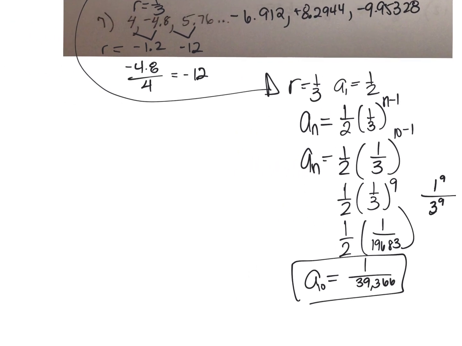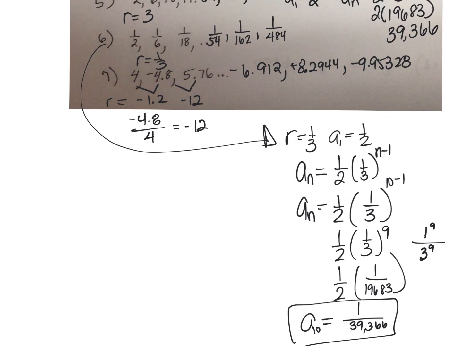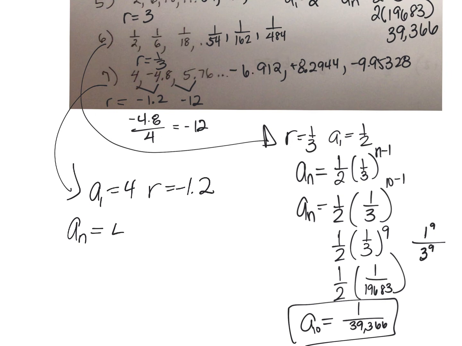But if the problem is in decimals, you're welcome to use decimals. So number 7 is a decimal problem. My a1 is 4 and my r is negative 1.2. So my equation for the nth term of the geometric sequence is 4 times negative 1.2 to the n minus 1.